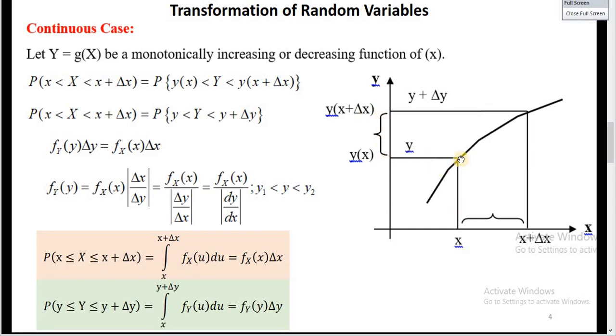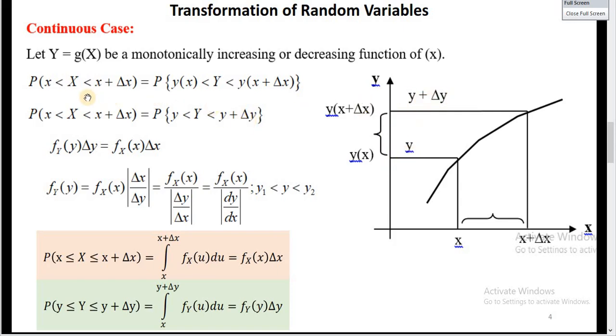So we have this relationship: the probability that x falls between x and x plus delta x is the same as the probability that y falls between y and y plus delta y.